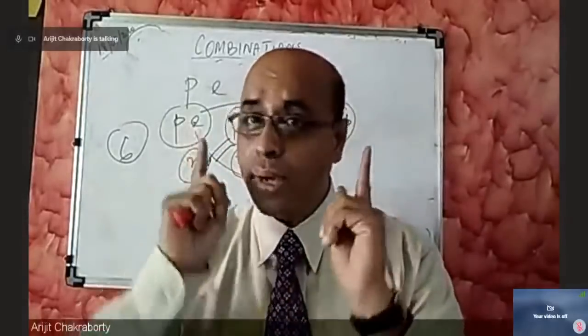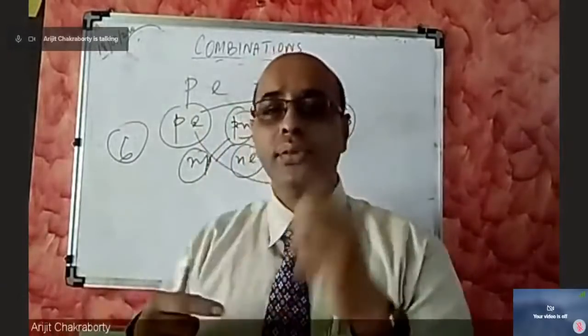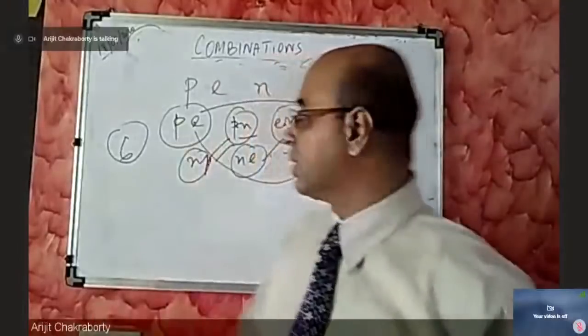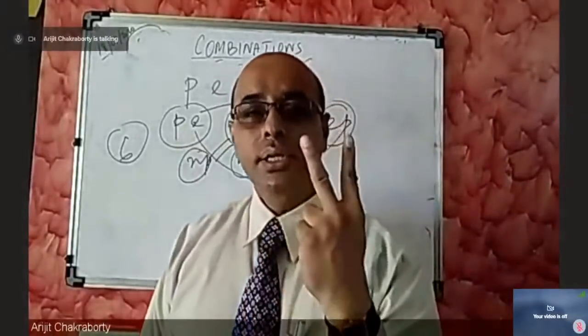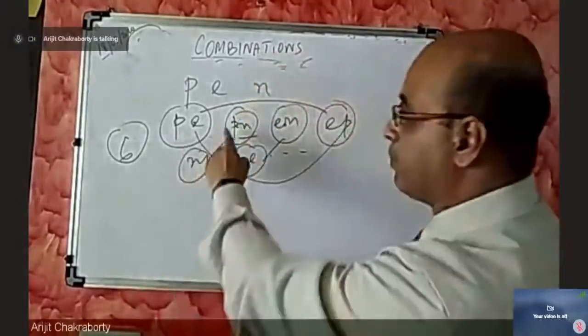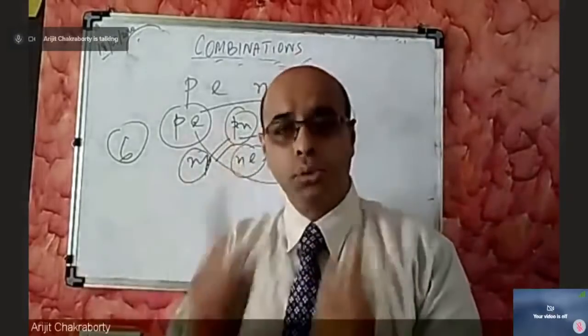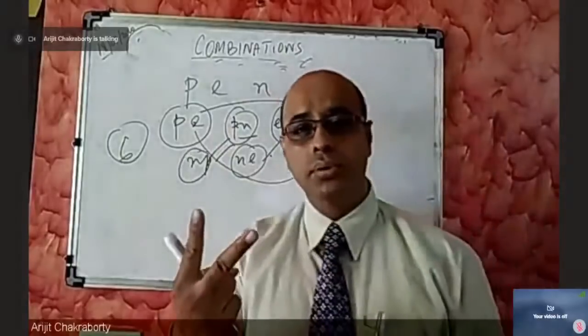This is a case of permutation because the order is important. PE and EP are taken as 2 different sets. PN and NP are counted as 2 different, not as 1. Similarly, EN and NE are counted as 2, not as 1.